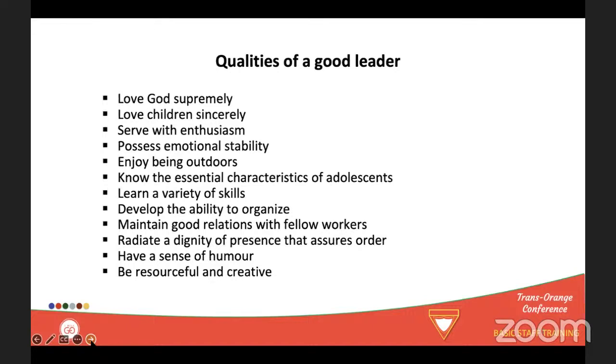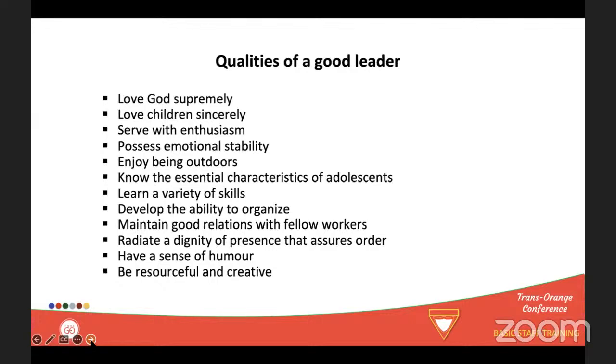Considering that this work is volunteer and not paid for, in order for you to become a good leader, you must love children sincerely, and you must love all of them without showing partiality. And you must also possess emotional stability.